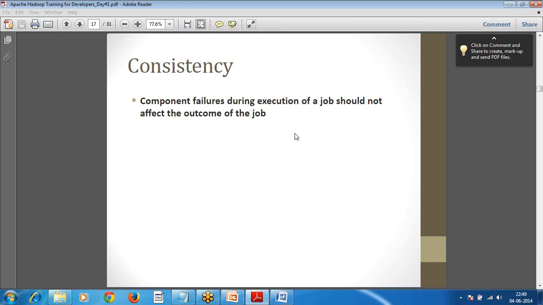There has to be some mechanism wherein, even though an execution fails for some reason, resources are available which immediately take up the work this system was doing, and the overall job gets completed. It shouldn't have an effect on the existing running process. That is consistency, which was missing in the existing systems.